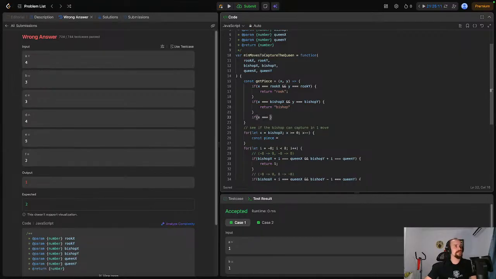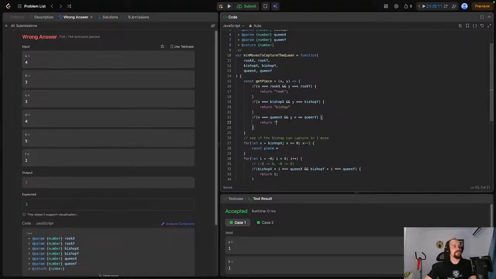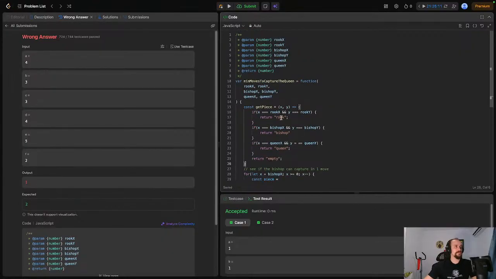If x equals queen x and y equals queen y, return queen. Return empty. Okay. Just create a little helper function.